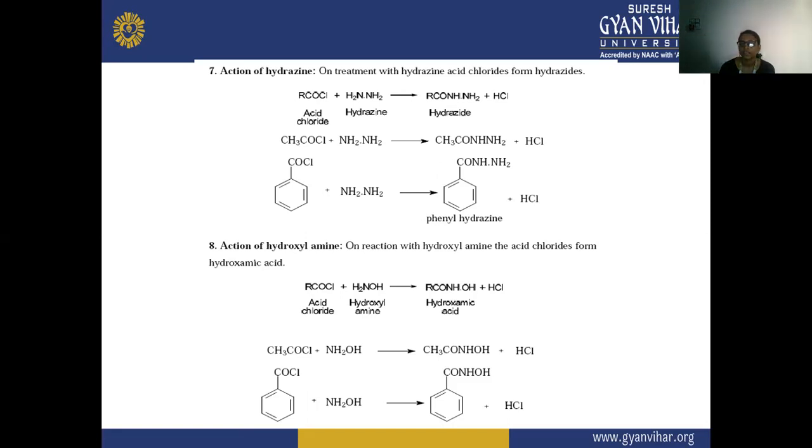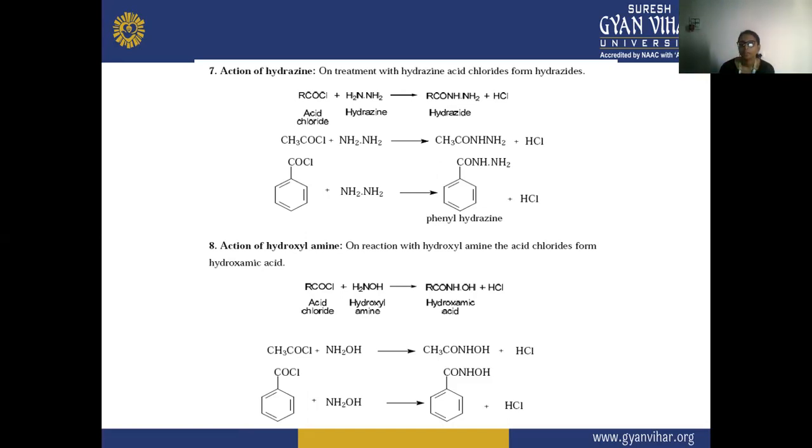So in the second, that is CH3COCl plus NH2OH, acid chloride is reacting with this hydroxylamine. This is ethanoyl chloride, and this ethanoyl chloride is reacting with the hydroxylamine, and there is a formation of hydroxamic acid, plus HCl is also formed.